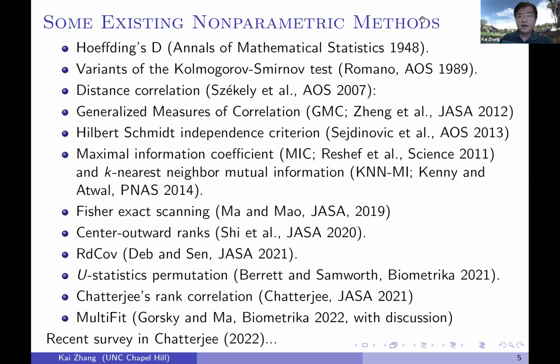Here's a long list of a small proportion of literature on this topic. You can see people have been publishing papers since 1940 on this problem, and people are still working on papers around tests of independence. So you may wonder why people have to work so hard and publish so many papers on the same topic.